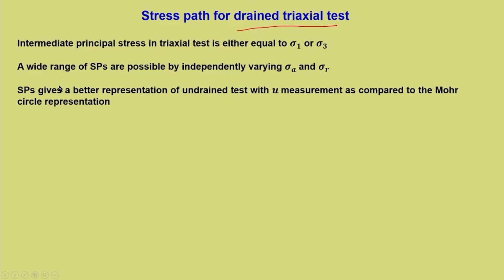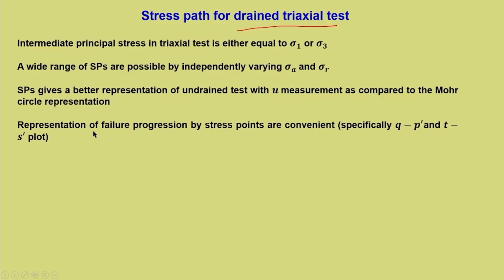Now, stress path gives a better representation of undrained test, specifically when we have U measurement, as compared to Mohr circle representation. Otherwise also, if you want to understand clearly how the failure is taking place, at what instant the failure would happen and why it is happening at that particular instant, this information is not available when we plot the stresses in terms of Mohr circle.